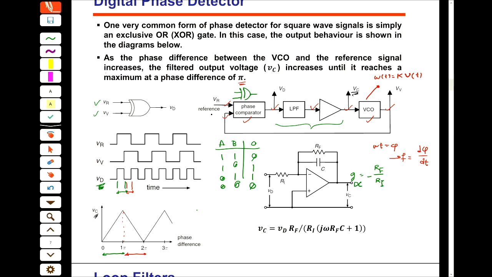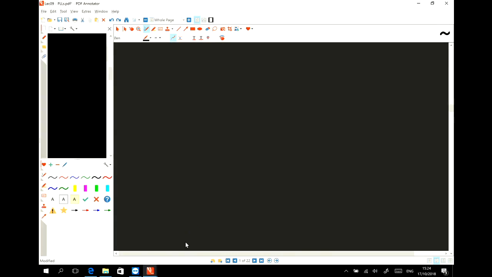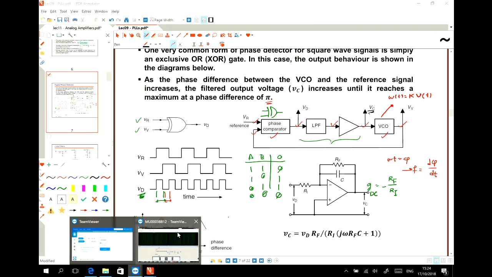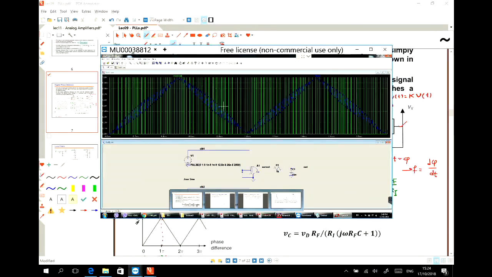So we assume that our frequency is very close to the reference frequency, and then the output of the phase detector and the low pass filter then will be like this. Depending on the initial phase difference between these two, you will see a shape like this. Okay?